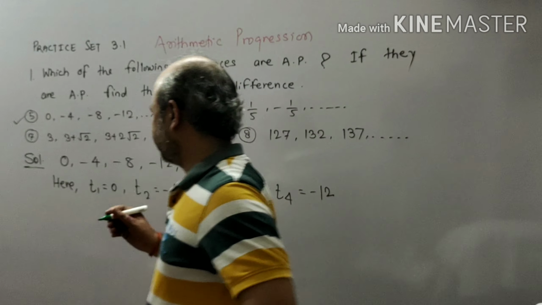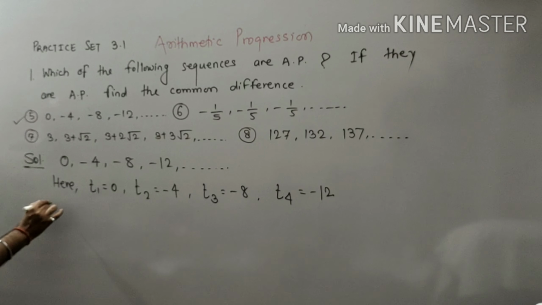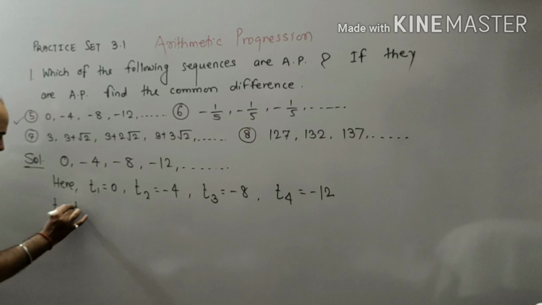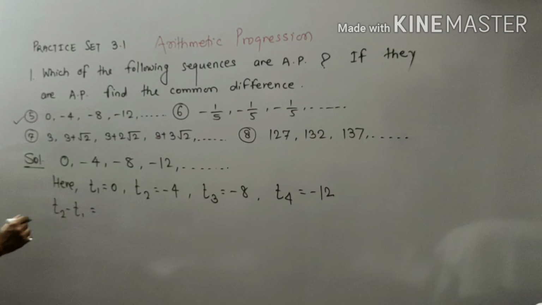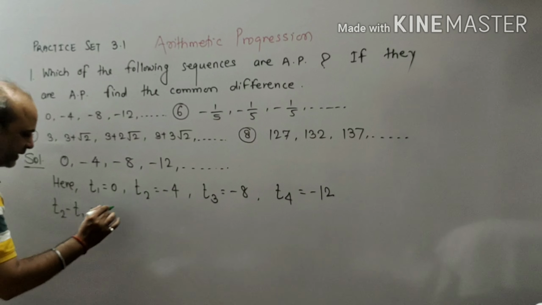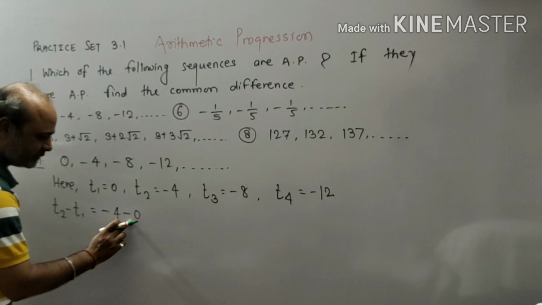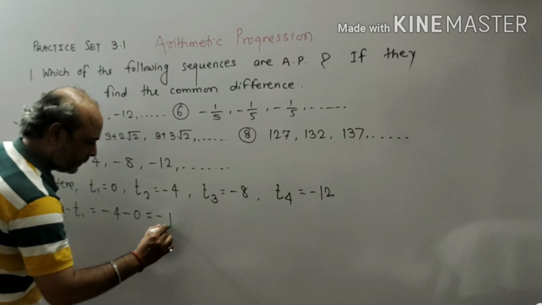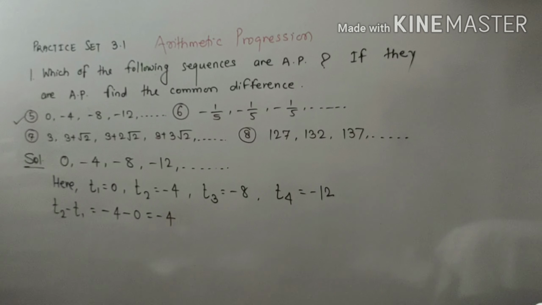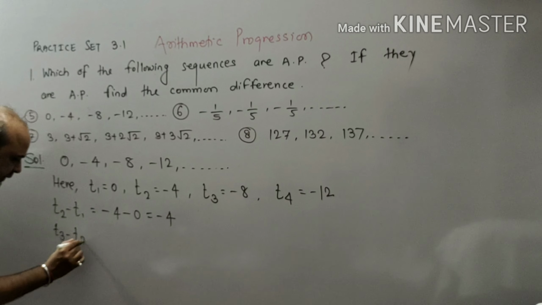Clear, student? Now we will find the difference. That is T2 minus T1. T2 is minus 4 minus T1, which is 0. So minus 4 minus 0 is what, student? Minus 4. We will find T3 minus T2.